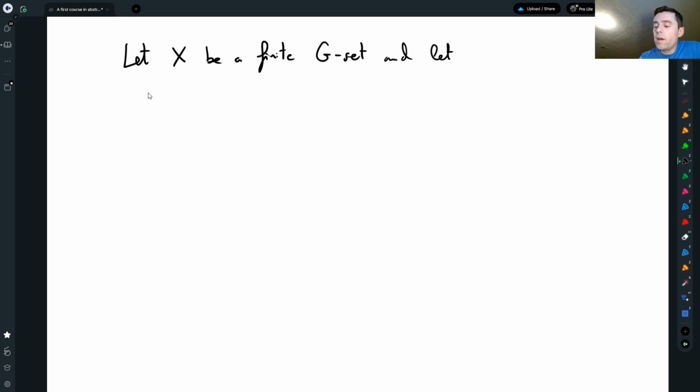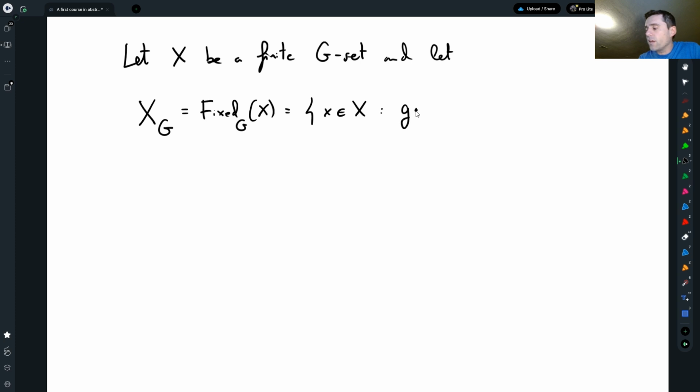Those are the elements that are what we call the fixed points in X. Those fixed points we're going to call X sub G. Sometimes you'll see it written as the points fixed by G in X. Those are the elements in X that are fixed by every single element of G. When I act on x, I get x back for all g in G.